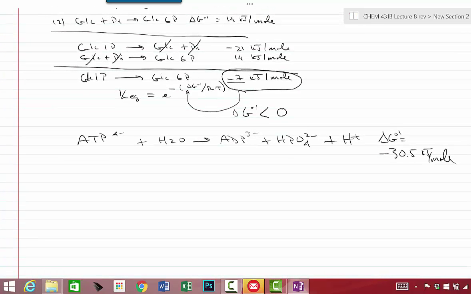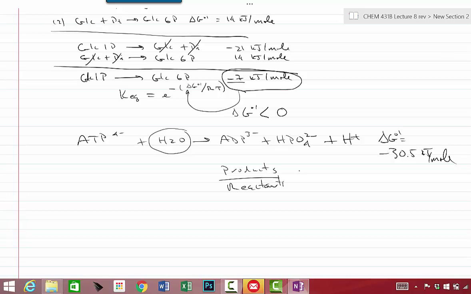In many of the reactions that I showed you, water was involved either as a product or as a reactant. And the reason why we don't include water when we do our products divided by reactants is that the concentration of water is so high, at least in a test tube, that we ignore it.